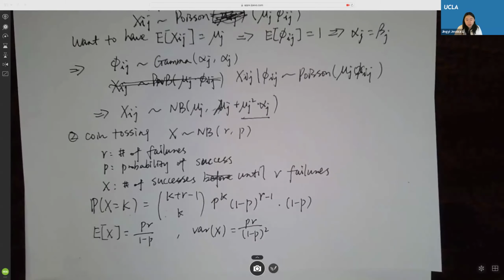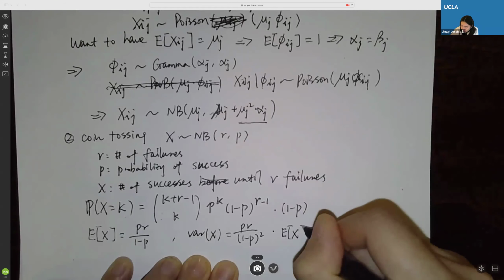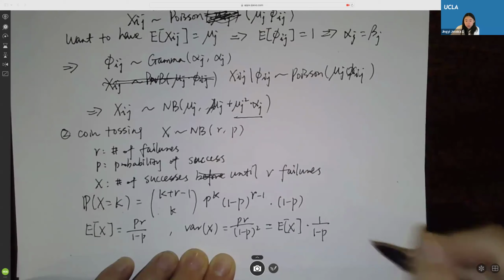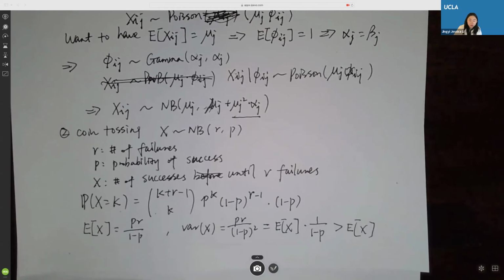And again, you can see that because 1 minus P is less than 1, 1 over 1 minus P is bigger than 1. So the variance is essentially the expectation of X times 1 over 1 minus P, and of course, this is bigger than the expectation of X. So this also shows that the negative binomial has its variance bigger than its mean.